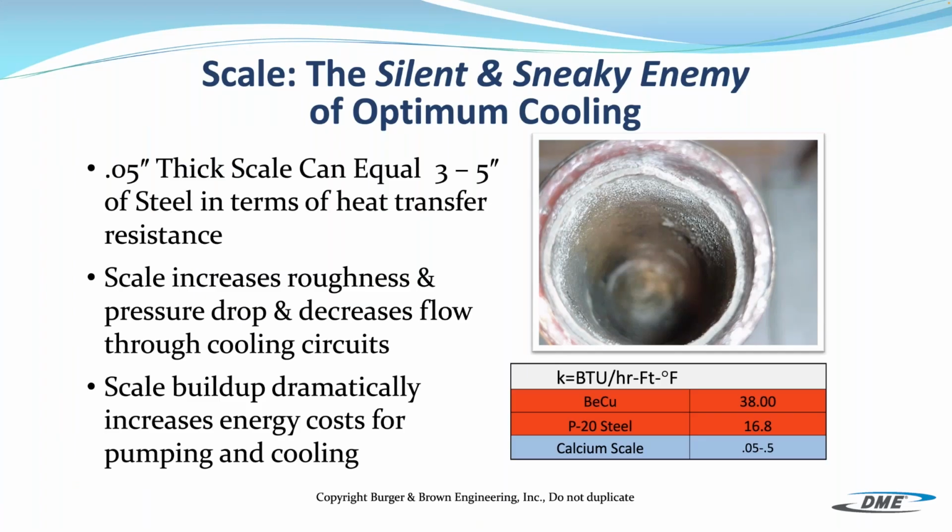So being able to bench line your tools when they first come in with pressure and flow to determine what the flow rate and the pressure rate is through that circuit, so that in 6 months or a year, you can bring them back in and you can check them again for the same flow rate. If your pressure increases, you're likely going to have scaling, which is going to be a huge inhibitor to the optimal cooling that you're looking for.